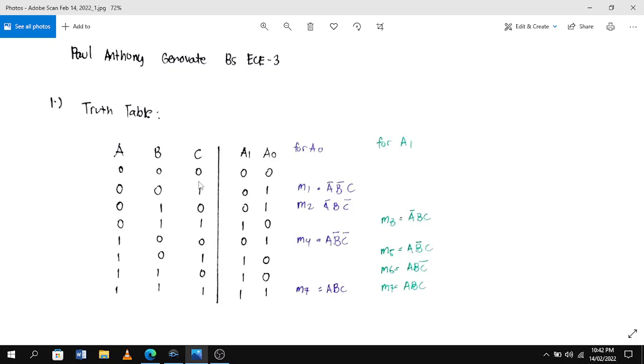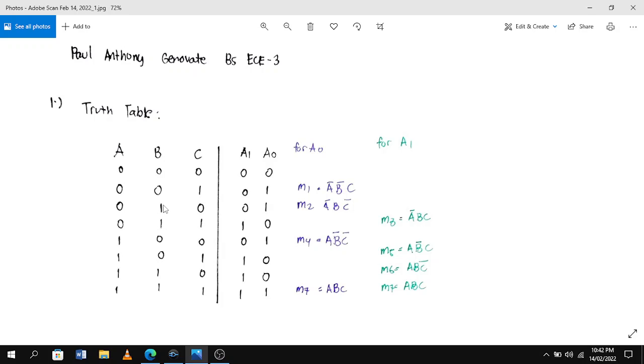So based on the information from the truth table, if only one input is represented by logic 1, it represents 1.